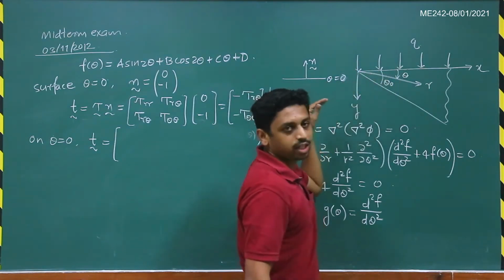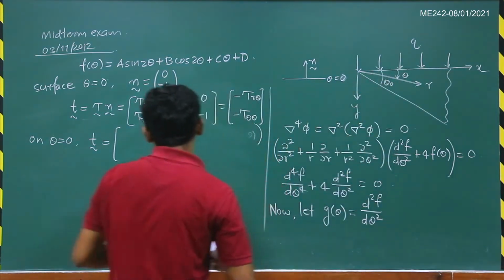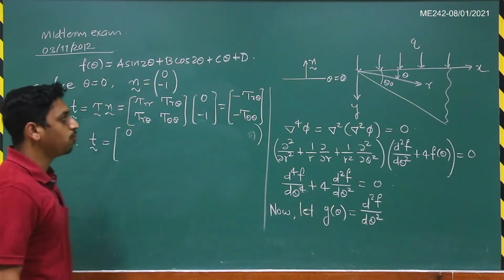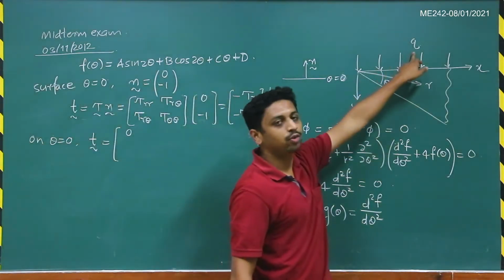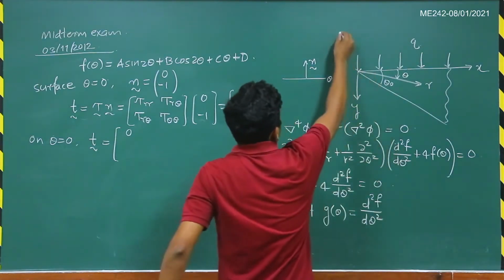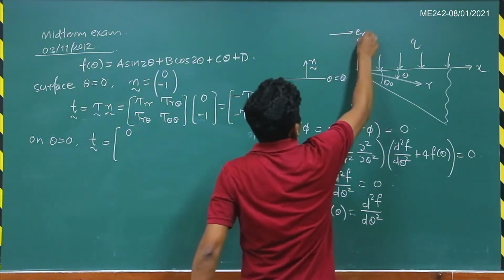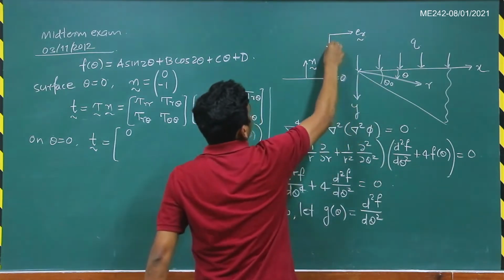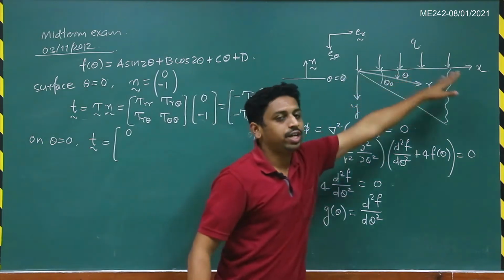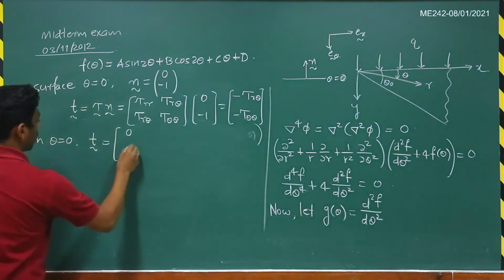There is no traction applied in the r direction, so the radial component of traction is equal to 0. The direction of q is e theta, because the radial direction e r is pointing like this, and e theta is pointing like this on this particular edge.